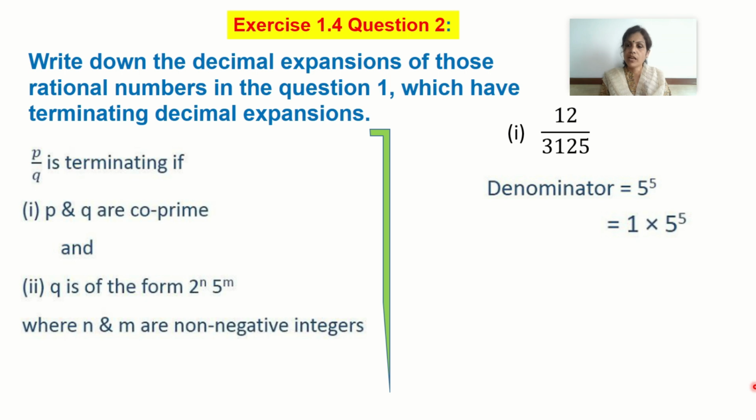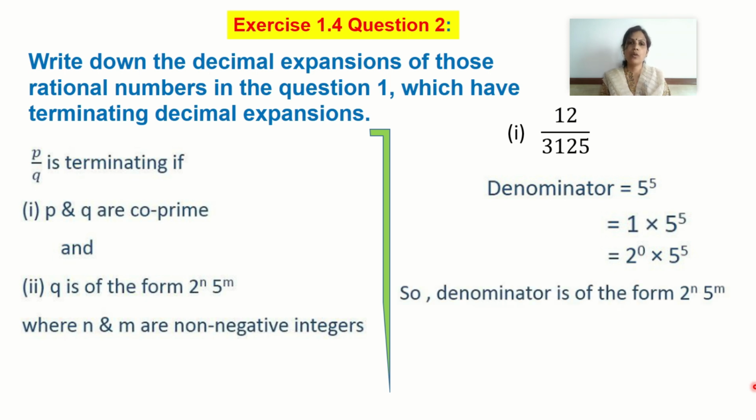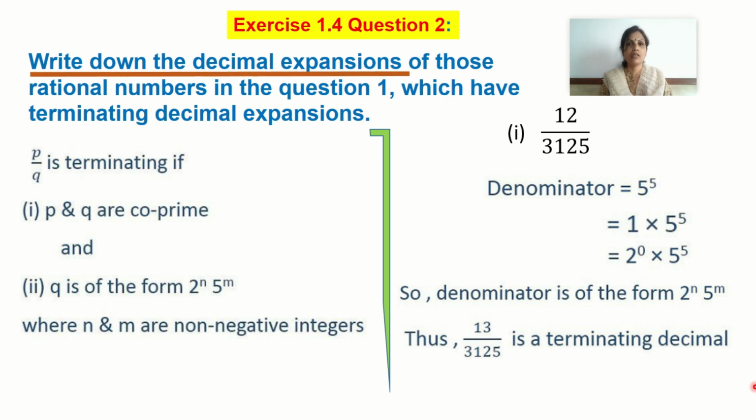In place of 1 we can write 2 raised to 0 into 5 raised to 5, and this shows that the denominator is of the type 2 raised to n, 5 raised to m, and therefore the given number has a terminating decimal expansion. So this was what we did in question number 1. Now what we have to write is, what is the decimal expansion of this particular number? So let's move ahead and do it.